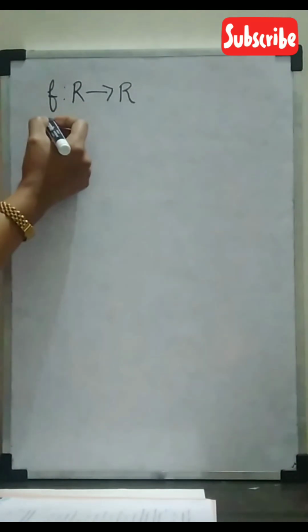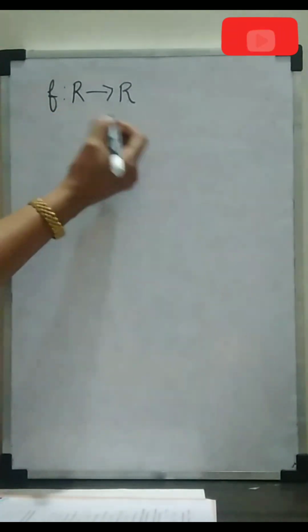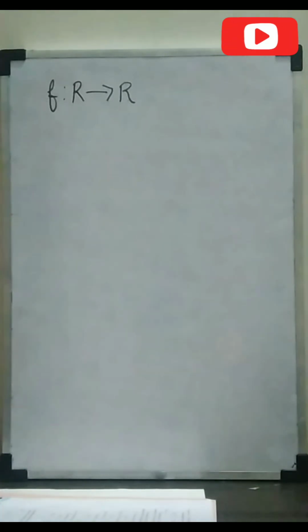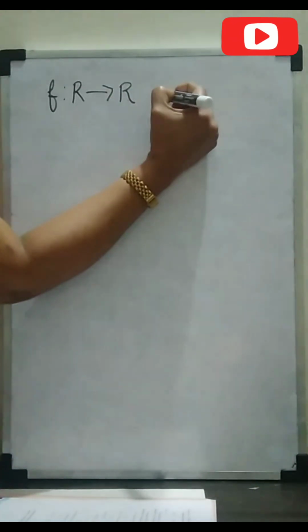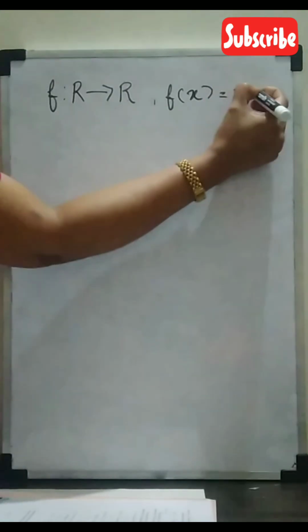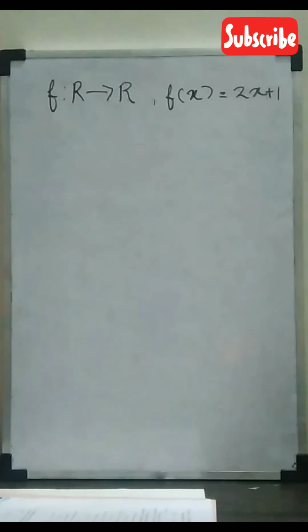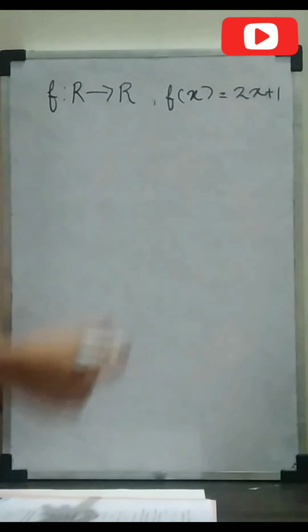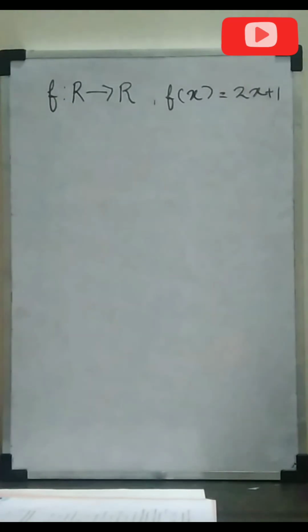So, here they have given a function f from R to R which is defined by f of x is equal to 2x plus 1. Okay, இந்த function bijective இல்லையான்னு நம்ம கண்டுபிடிக்கணும். ஓகேயா? இப்போ real numbers எல்லாமே நம்ம எடுத்து பார்க்க முடியாது. So, இந்த function bijective இல்லையான்னு செக் பண்றதுக்கு ஒரு சில நம்பர்ஸ் மட்டும் எடுக்கலாம்.